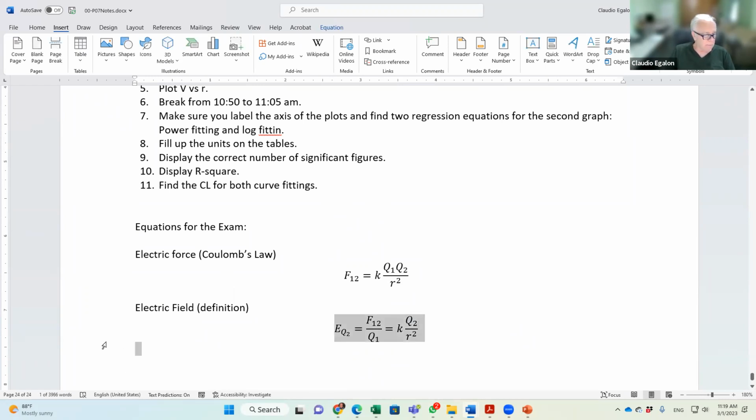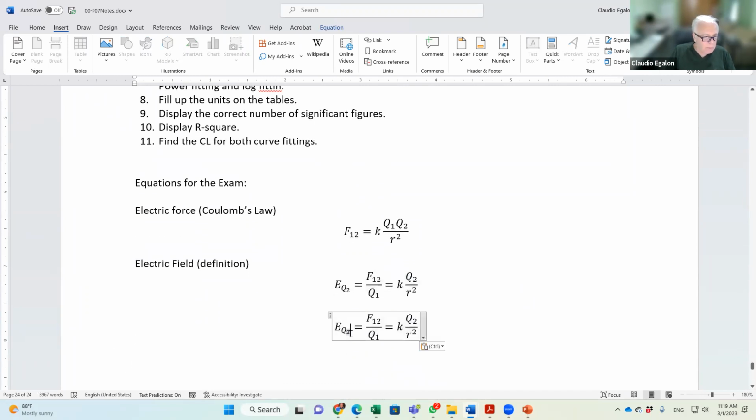Similarly, the electric field of charge Q1 is something like that. That's the first definition that you have to memorize. This is a law. This is not a definition.